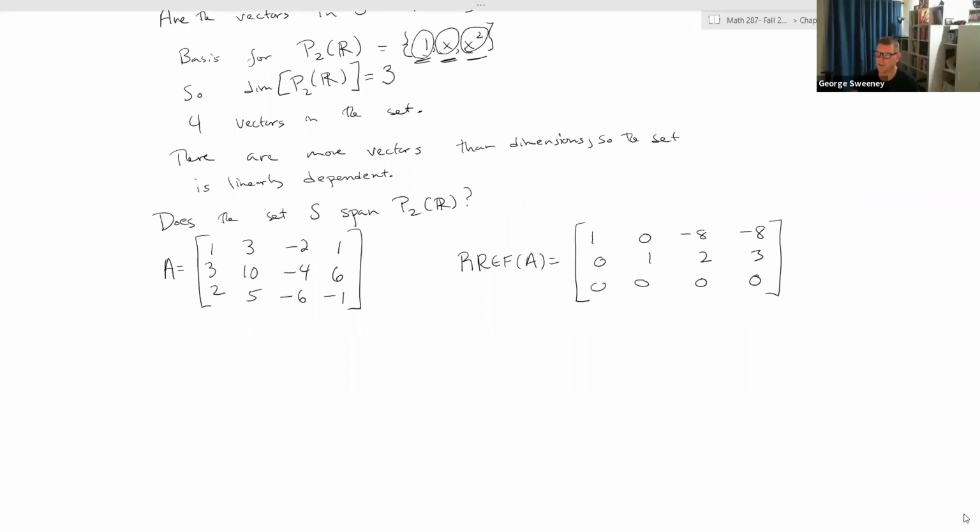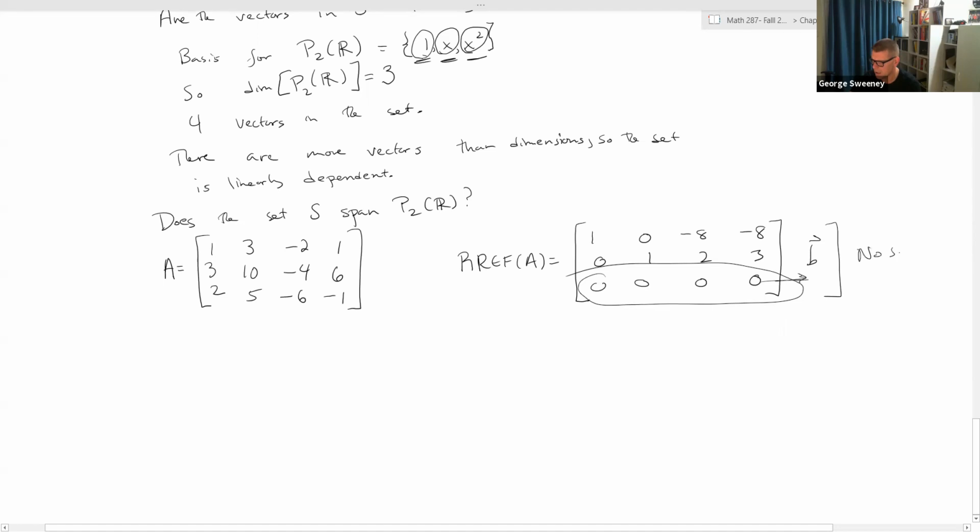So you can imagine that if we augmented with some B on this end, we could have no solution to AX equals B. And so hence no span. Does that make sense? Rows of zeros, no span.